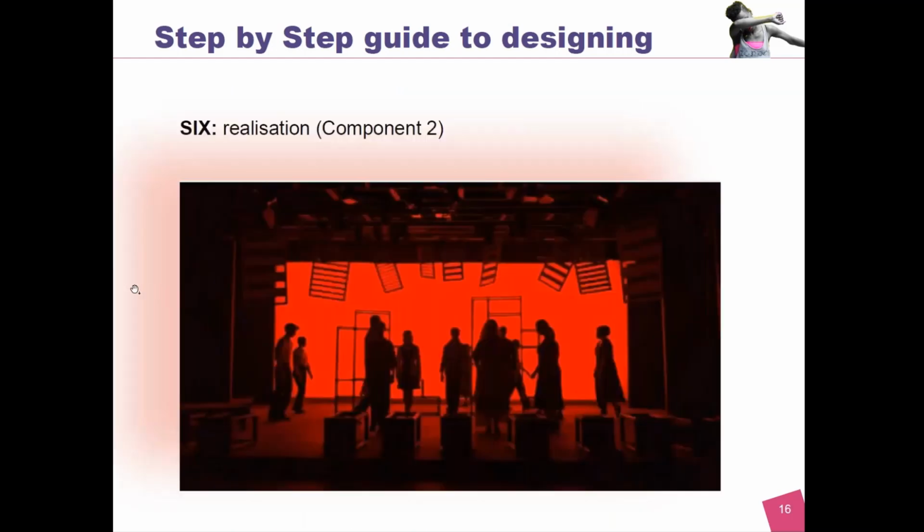The final part is a realization, and as we said before, it's just component 2 where it needs to be realized. If the student is able to do it themselves, that's brilliant. It doesn't have to be the whole design as well. It could be part of it, because they could be incredibly ambitious, and it could just be one bit that they do.